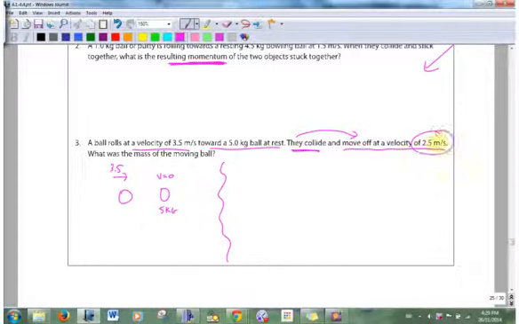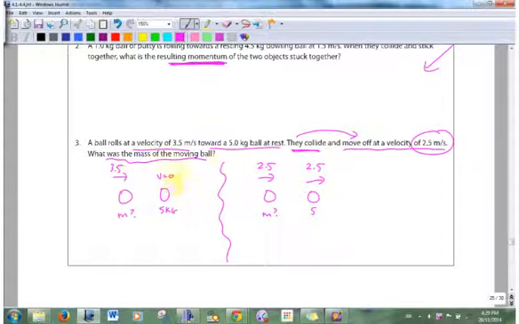So that means that's the velocity for both of them. Doesn't necessarily say they're stuck together, but you can think of it like that. And what's the mass of the moving ball? I don't know what this is. Okay, so it's an unknown here before, and still an unknown here after. I know the mass of that guy. That's 5 kilograms.